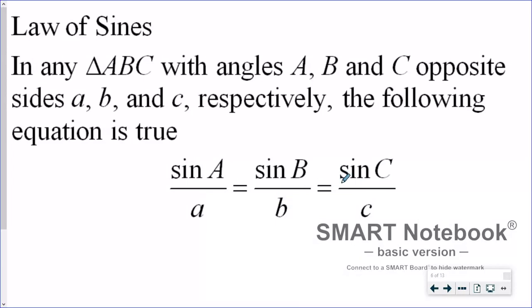You're either going to say sine of A over A equals sine of B over B, or you can say sine of A over A equals sine of C over C, or you can say sine of B over B equals sine of C over C. You can never use all three letters at once. All right, are we all clear on that? Okay, please do not be that student.